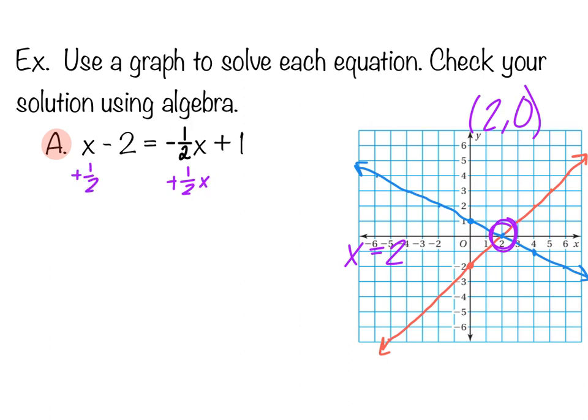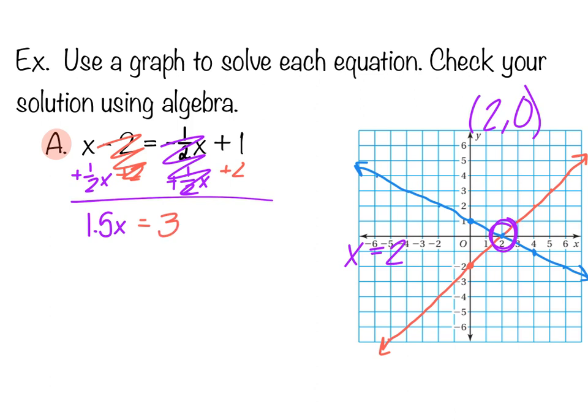So add 1/2 x to both sides, and that's going to give us 1.5 x's. And then I would have to add 2 to both sides to get rid of the constant value on the left side, and that becomes 3. So 1 plus 2 is 3. And then I would divide both sides by 1.5. And 3 divided by 1.5 is 2.